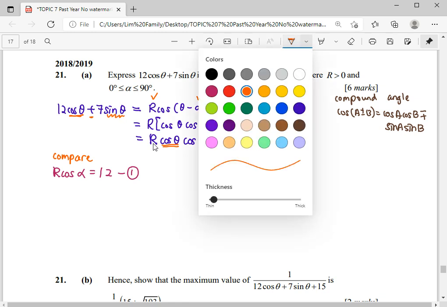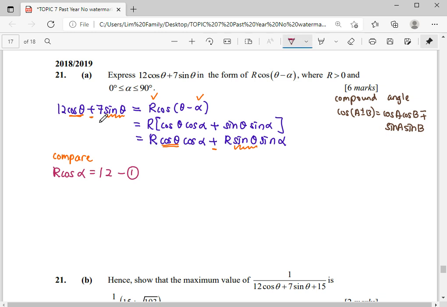The coefficient of sin theta is 7, meaning R sin alpha is equal to 7. So this is our second piece of information. Two constants to be found, and two equations. From these two equations, we are going to solve the simultaneous equations, find out what is our R and what is our alpha. Then this trigonometry can be expressed in the form of R cos(theta minus alpha).